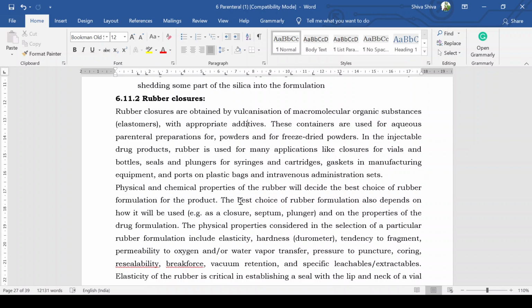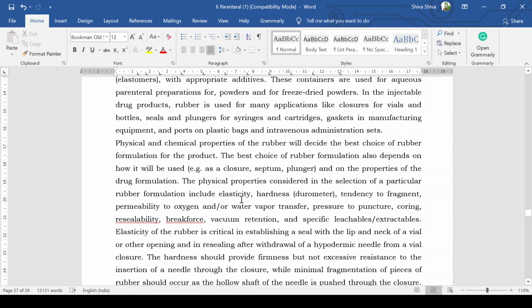In injectable drug products, rubber is used for many applications like closures for vials and bottles, seals and plungers for syringes and cartridges, gaskets in the manufacturing of equipment, and ports on plastic bags and intravenous administration sets. So you can find rubber in various places to be used as a closure system for the packaging of parenteral product.